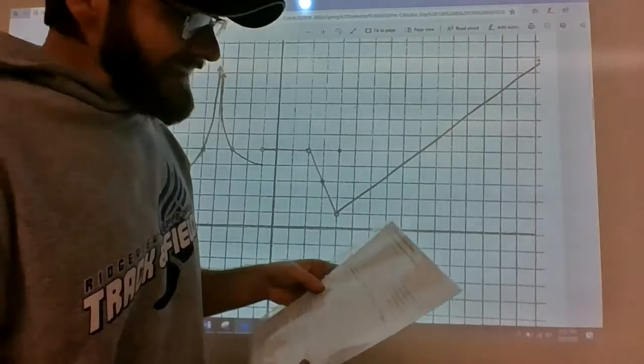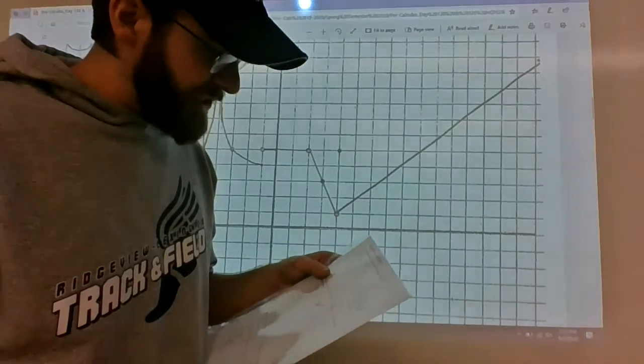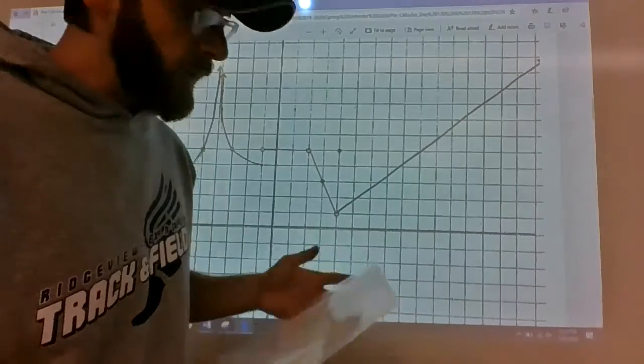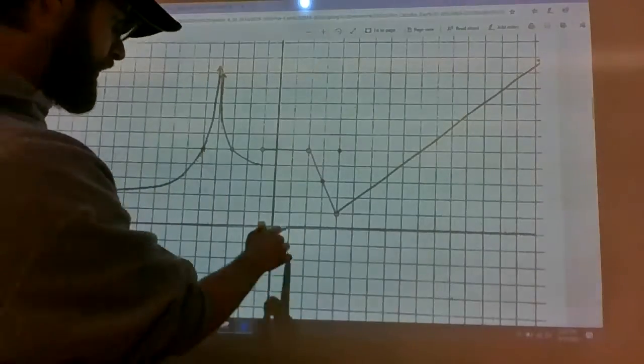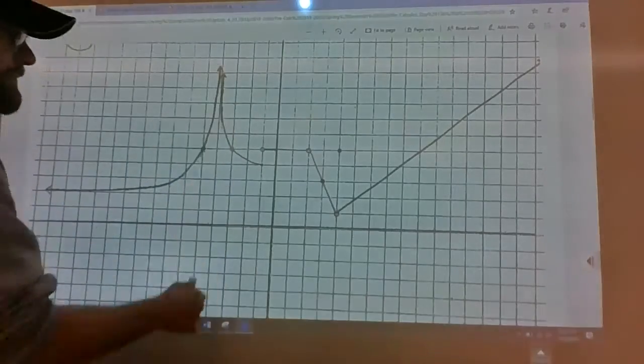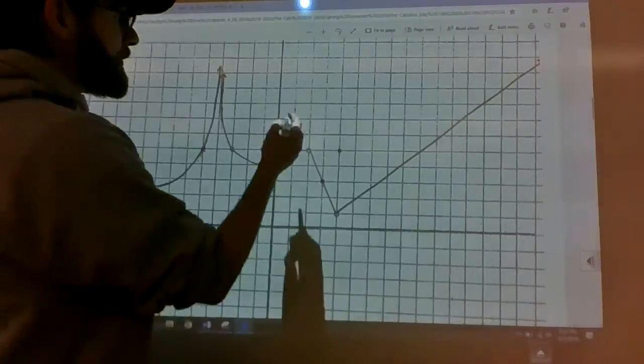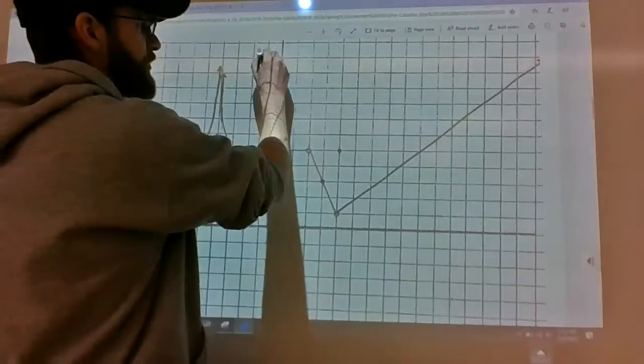So, letters A through D are all about the limit as x approaches -4, okay? So -4 is 1, 2, 3, 4 units right here. It appears to be an asymptote. I'm just assuming you guys have the paper in front of you.